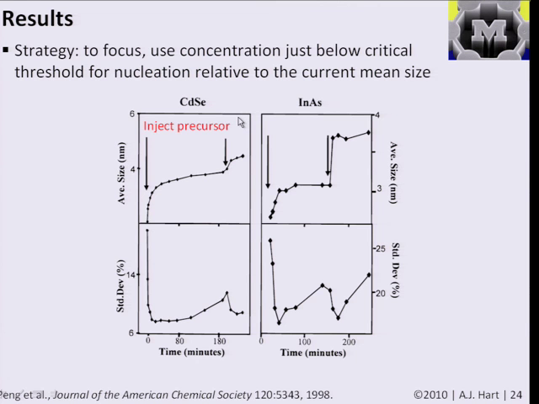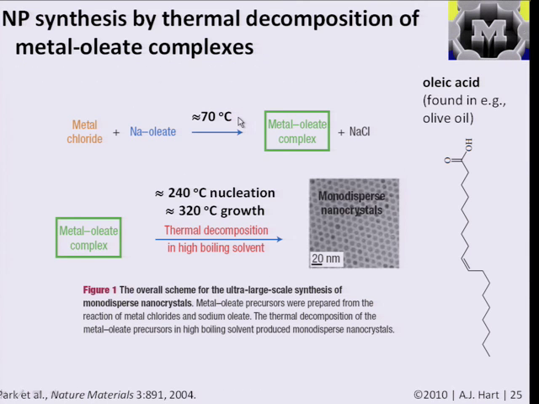Cool it down or maybe add something else? Depends what you want to do. We're going to start to see answers to a couple of those questions by way of a couple of examples. These examples do somewhat different things, but keep with the same idea of separating the events of nucleation and growth, which is absolutely necessary to create structures that are monodisperse.